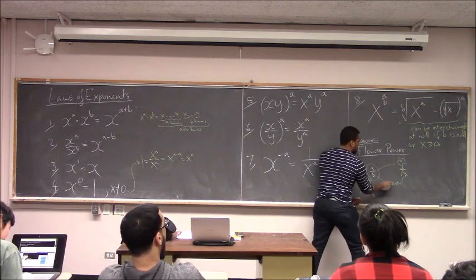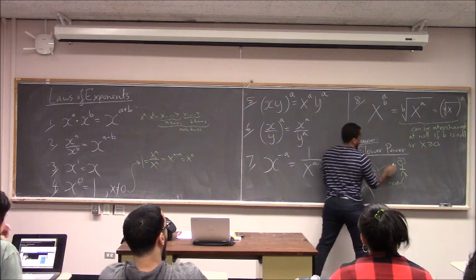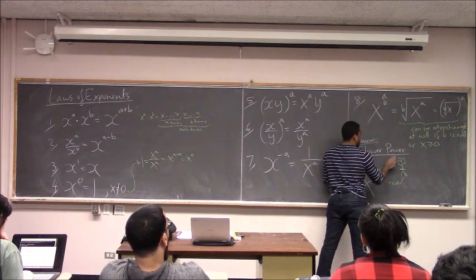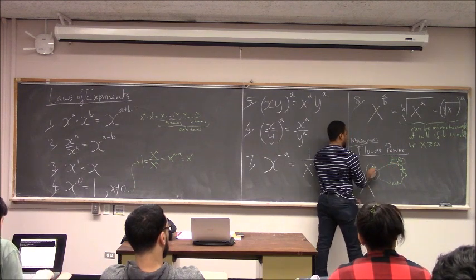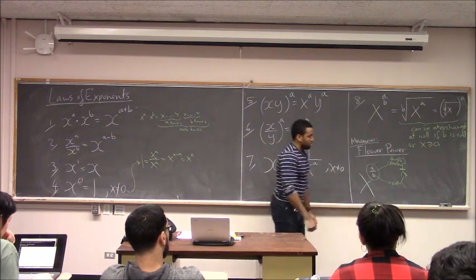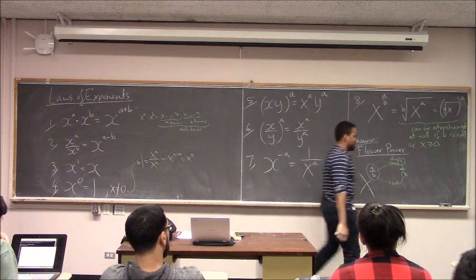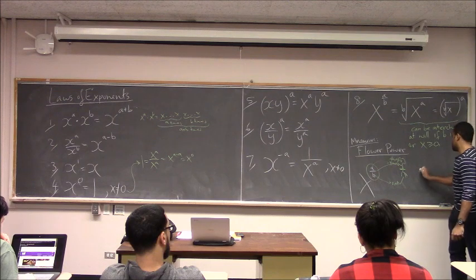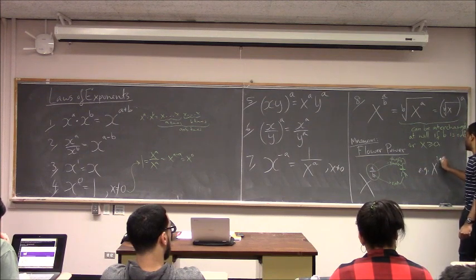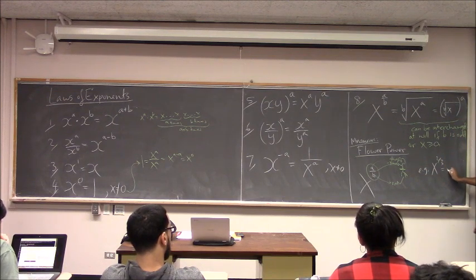So the b is the root because it's under the ground, and the top is the flower. It rhymes with power. So you end up with the a being the power, flower power. The bottom is the root. So that means, for example, if you see x to the 2/3, the 3 is the root.